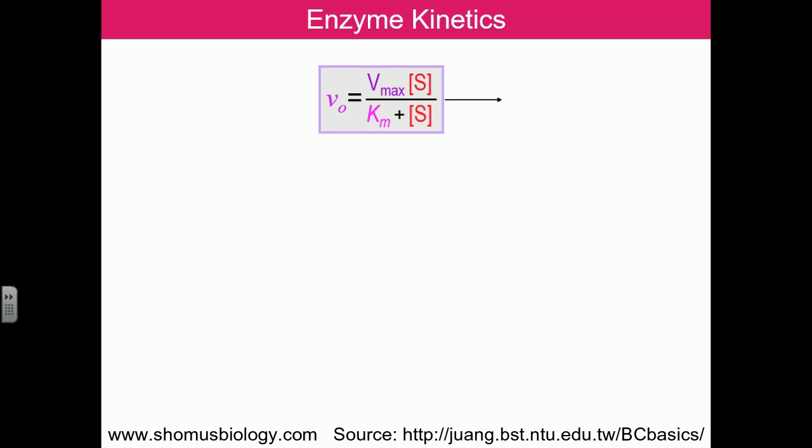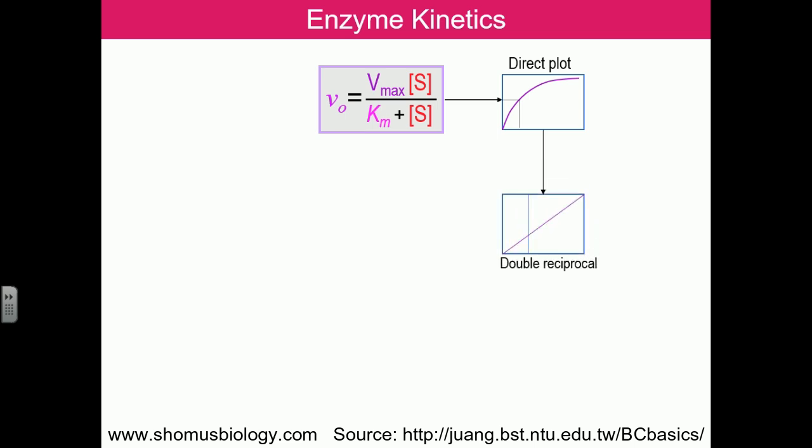Now if you make a direct plot of it, we will get a graph where the substrate is on the x-axis and the velocity is on the y-axis. The graph shows the activity of the enzyme increasing with the substrate concentration, and then it gets linearized.